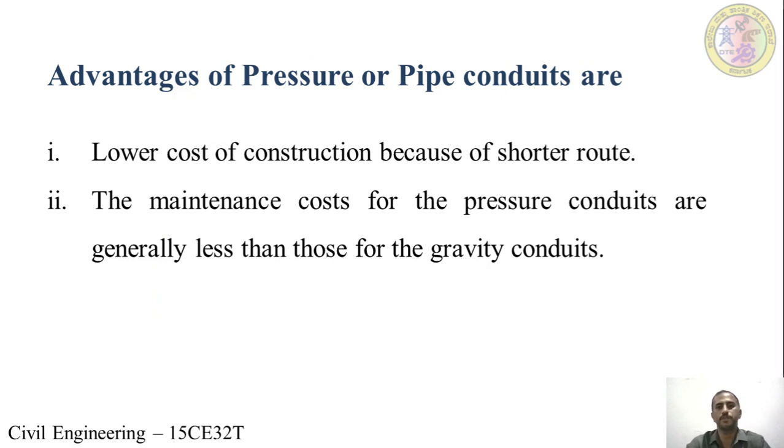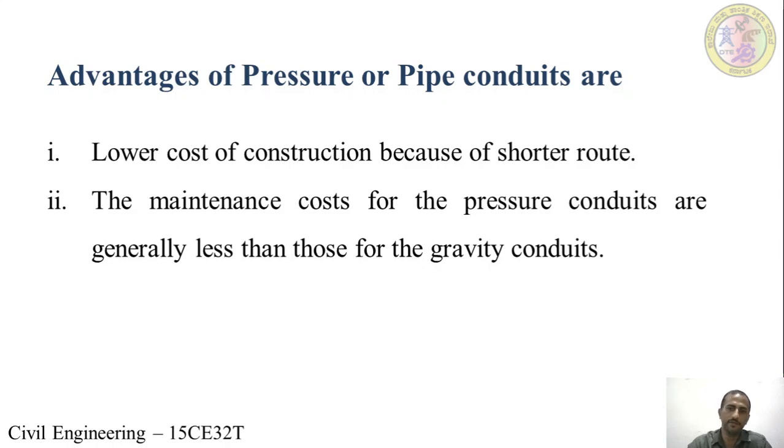Advantages of pressure conduits: the first one is that their cost of construction becomes low because we can run them in a shorter route along the natural undulations of the ground. The second advantage is that the maintenance cost is low compared to gravity conduits.